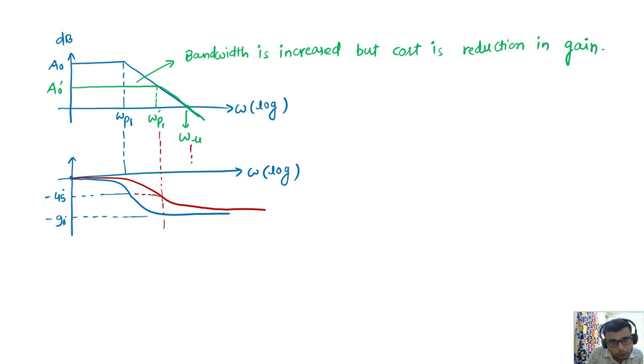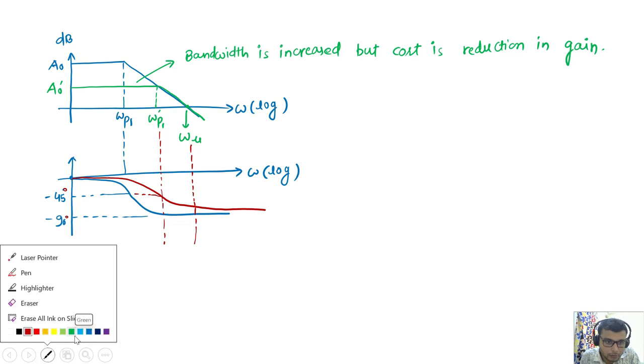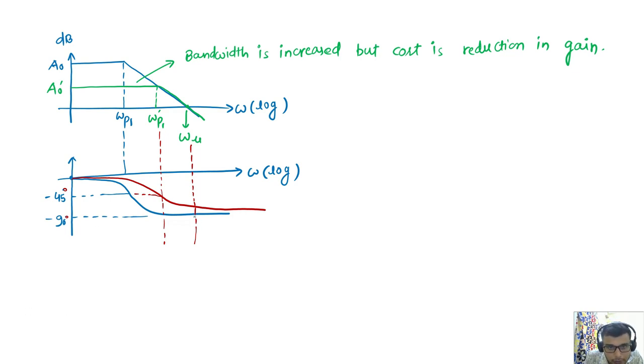At UGB, the UGBs of both are the same. So what is the angle at the UGB? Let's say for the open loop it is exactly minus 90 degrees, and for the closed loop it is somewhere around minus 80 degrees. That's the example.